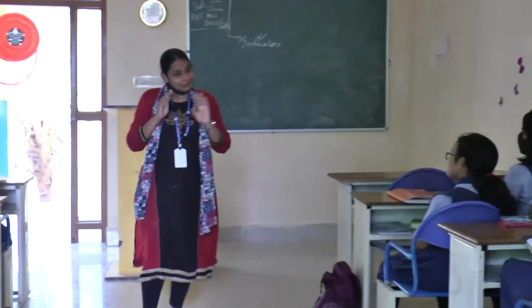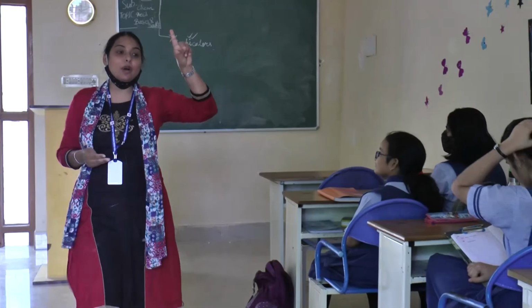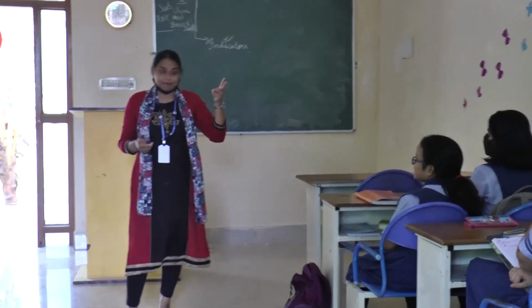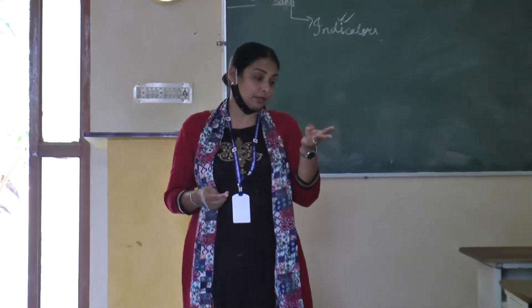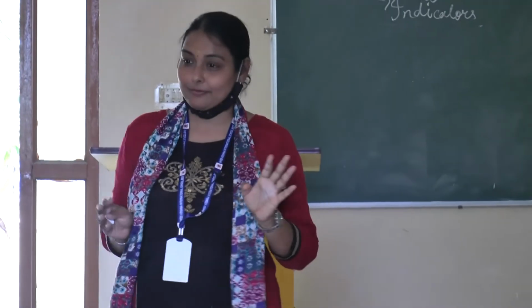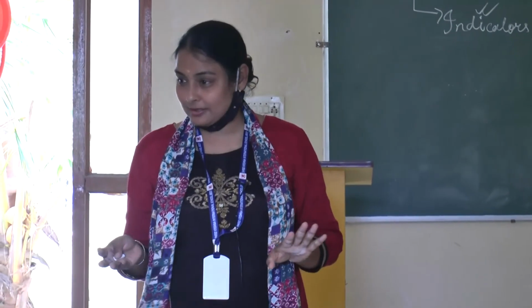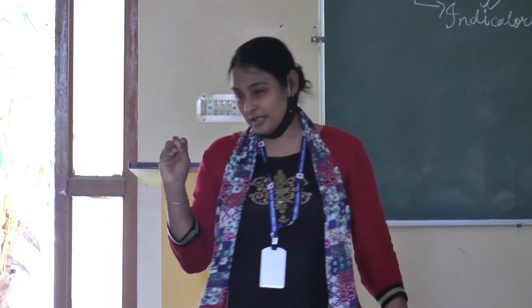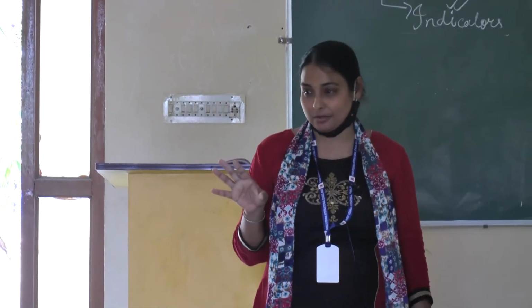Okay? Got it? So acid will be what? Red. Blue will be what? Base. And neutral, that is salt. Neutral will be salt. Is this part clear to you? You don't have any doubts? Today was just an introduction to acid, base and salt.